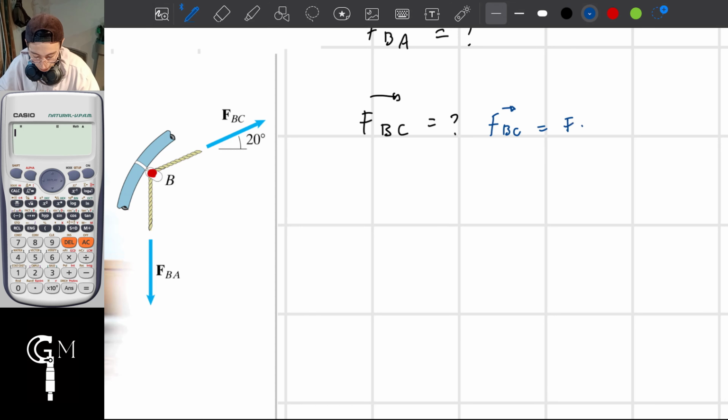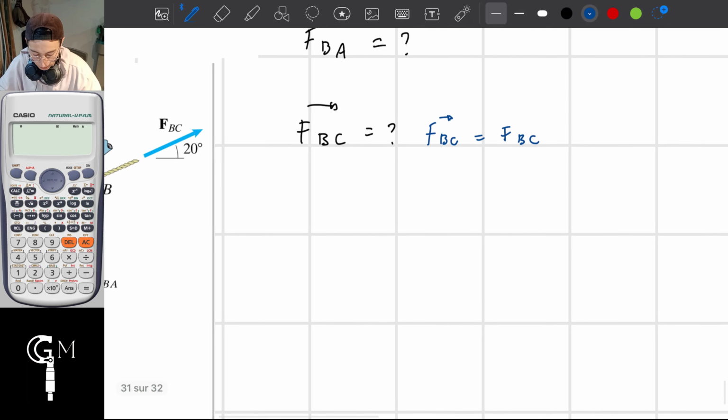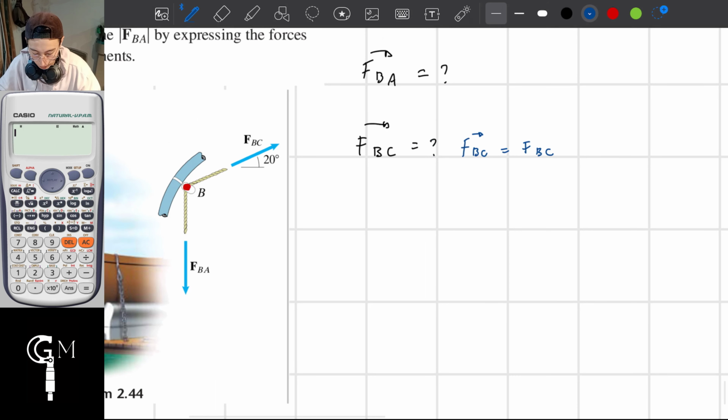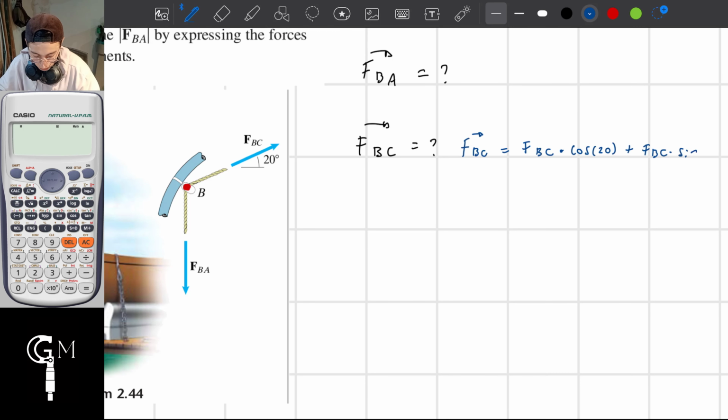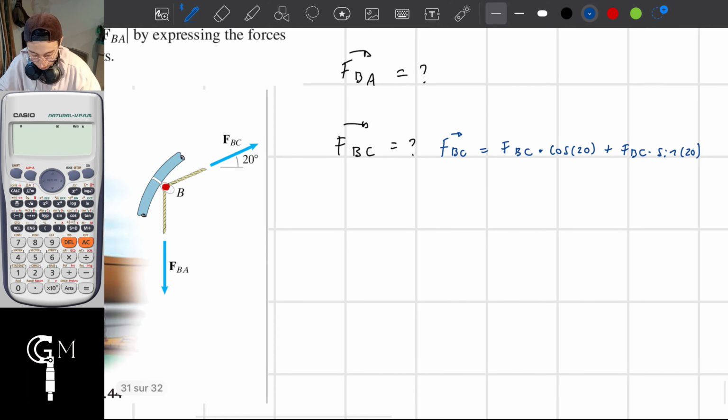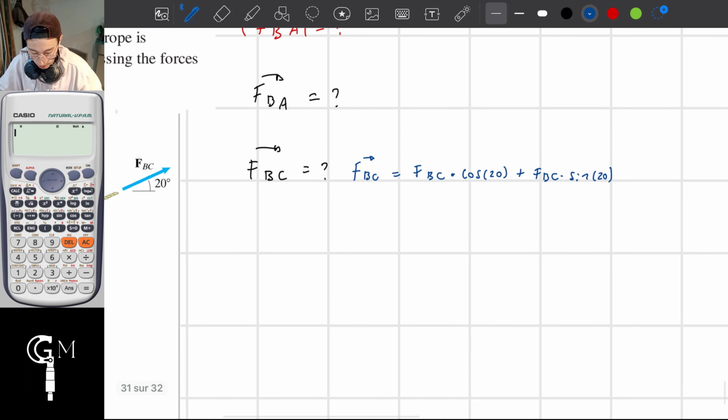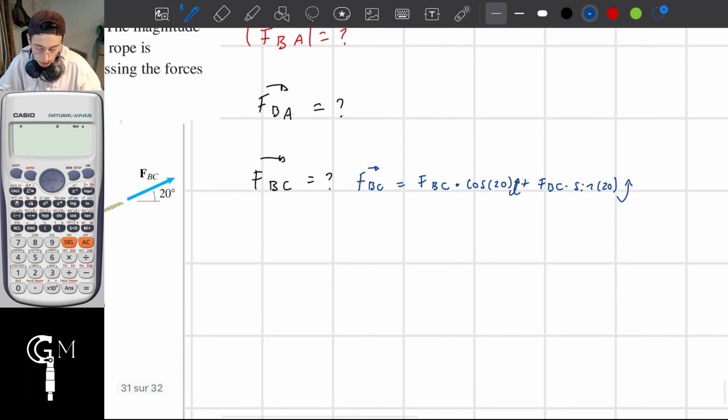So FBC multiplied by the cosine of 20 plus FBC multiplied by the sine of 20. And that's it. This is regarding the x-axis and this is regarding the j-axis.